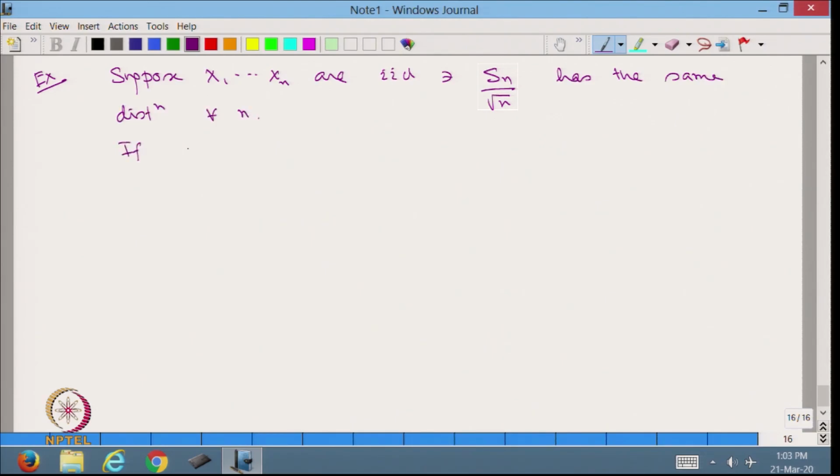If the expectation of xi is equal to 0 and the variance of xi is equal to 1, then what is the distribution of xi for all i?